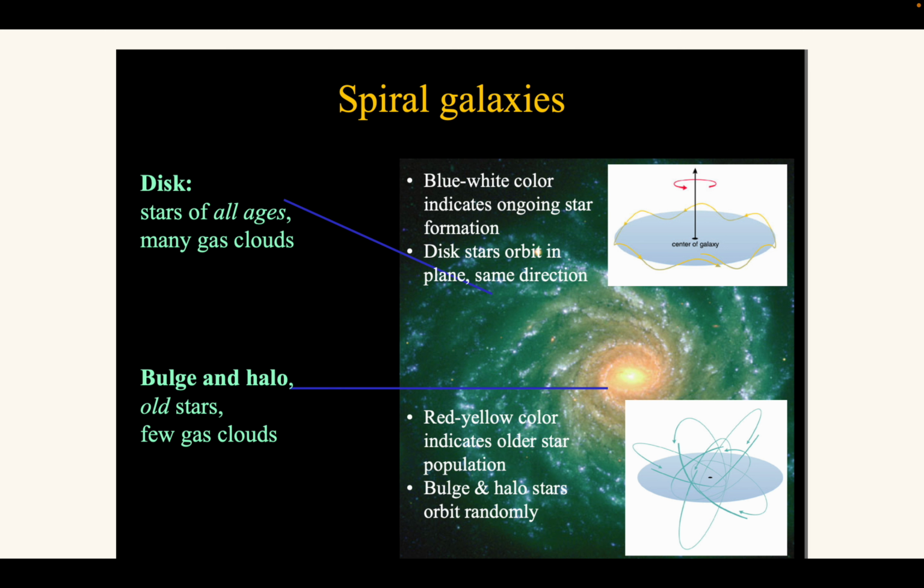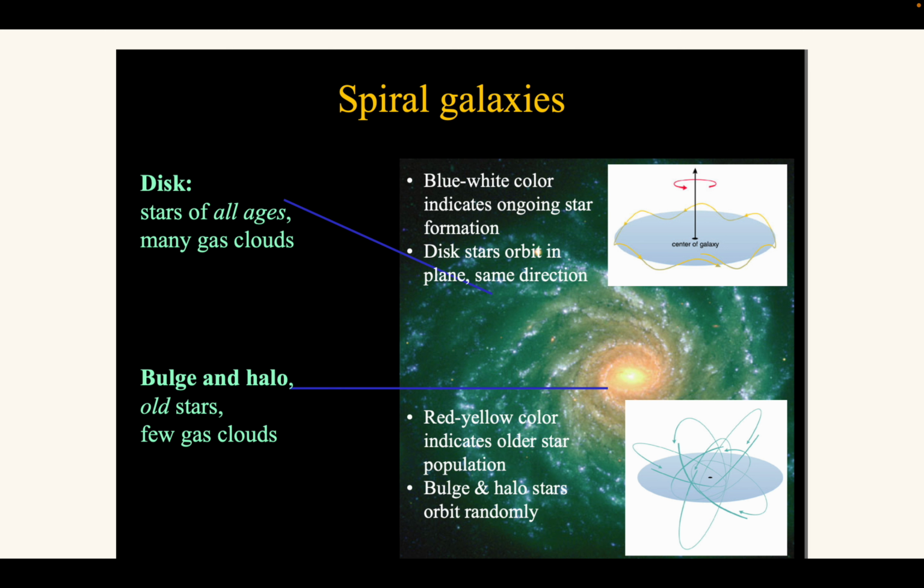Now, as we discussed, the disc has stars of all ages and many gas clouds, and the bulge contains older stars and a few gas clouds. In the disc, you will find a blue-white color, which is due to very young, bright stars, the O-type and A-type stars, and the disc stars are found to orbit in the plane in the same direction.